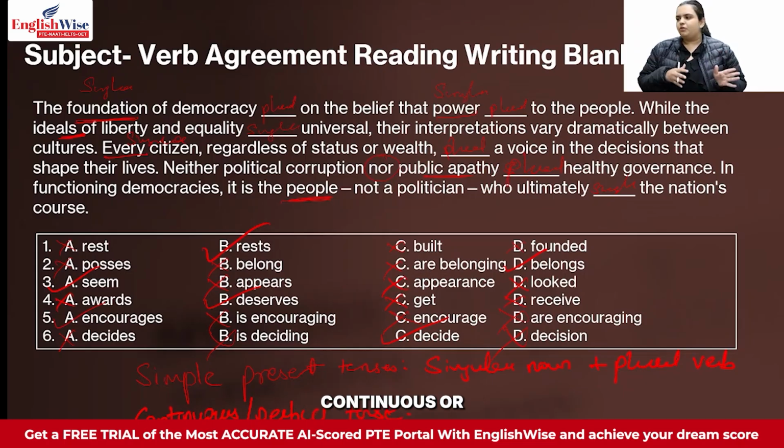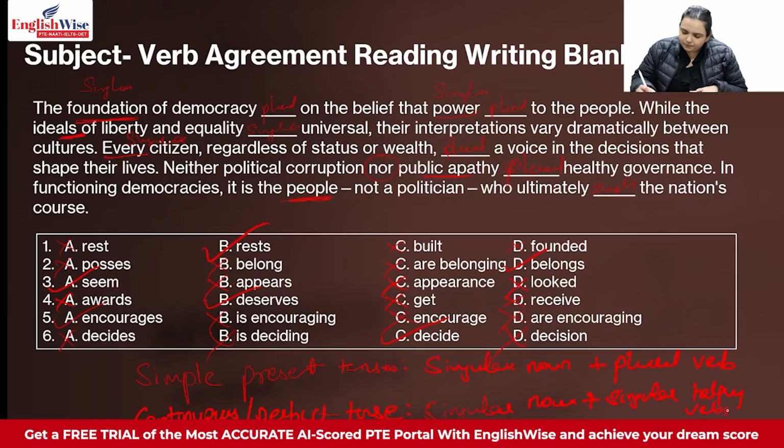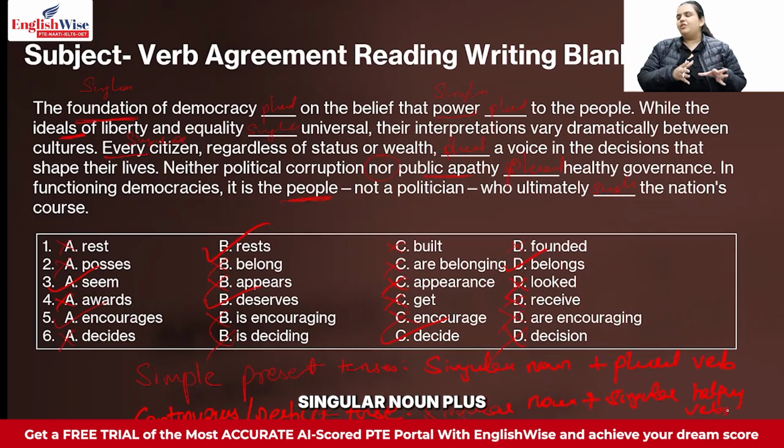If it is continuous or perfect, present, past or future, then you will go with singular noun plus singular helping verbs. You will go with singular noun plus a singular helping verb, guys.